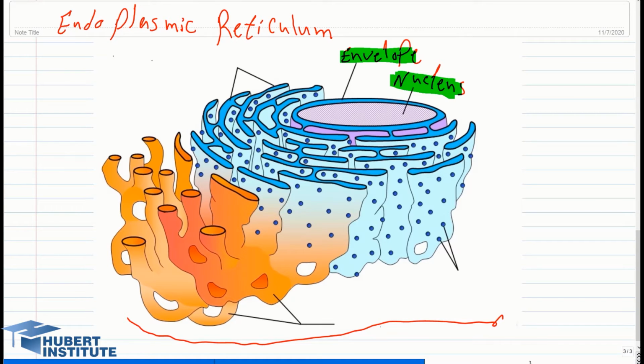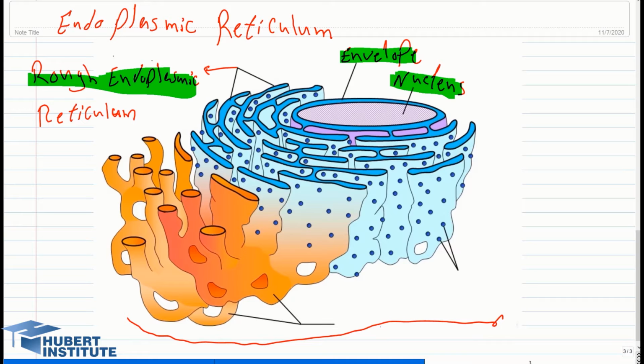So what does the endoplasmic reticulum do? Well, endoplasmic reticulum actually has two parts. It has one part known as the rough endoplasmic reticulum. You can see here in the picture it is colored in blue, and that has a bunch of ribosomes.